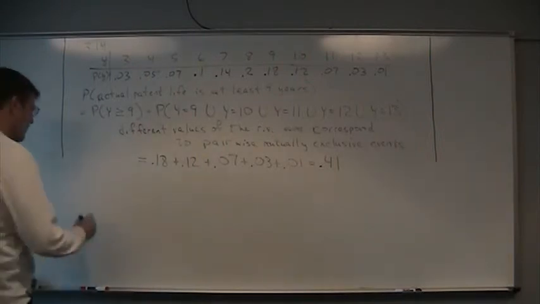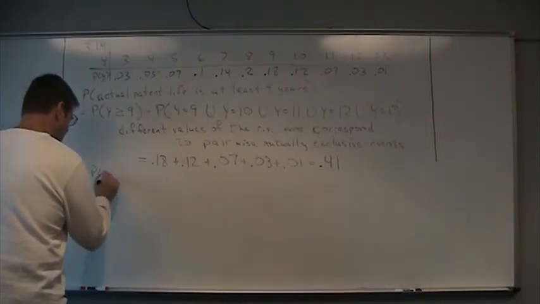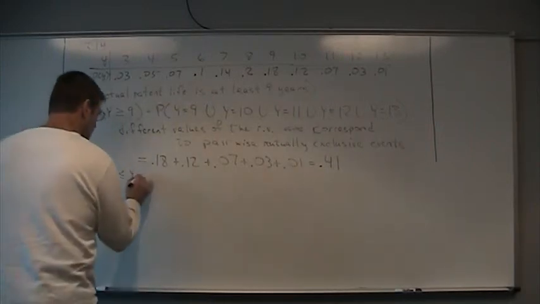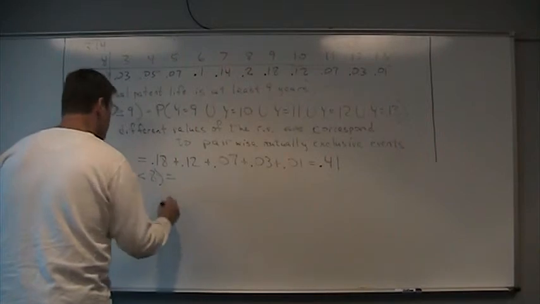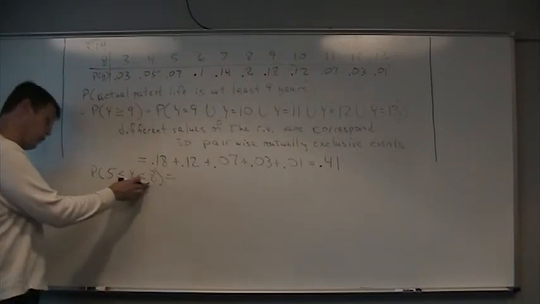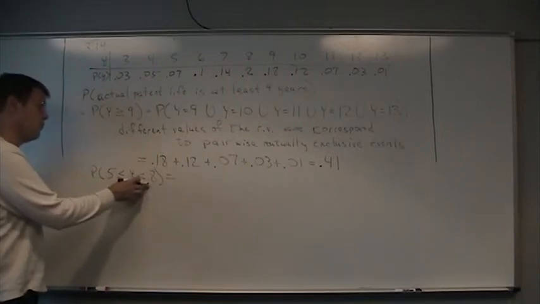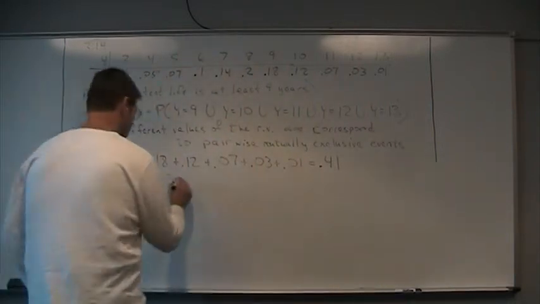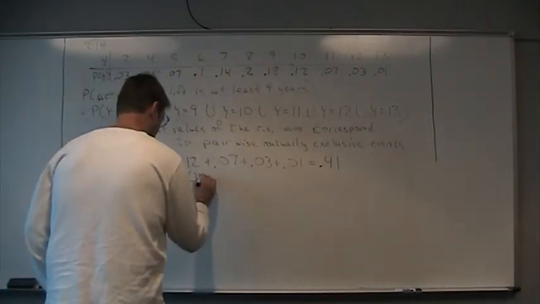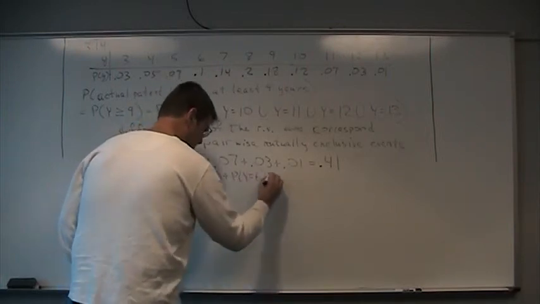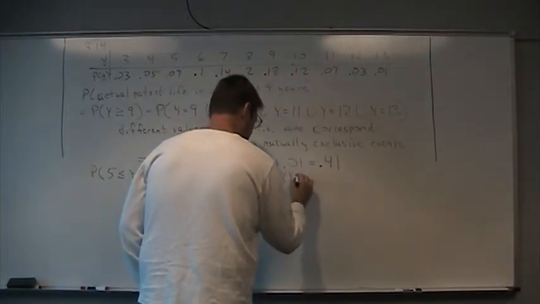Similarly, if we were looking for the probability that 5 is less than or equal to y, which is less than 8, the corresponding values that are in here, well, we're not including 8, so we're really only using 5, 6, and 7. So this is the probability that y equals 5, plus the probability that y equals 6, plus the probability that y equals 7.